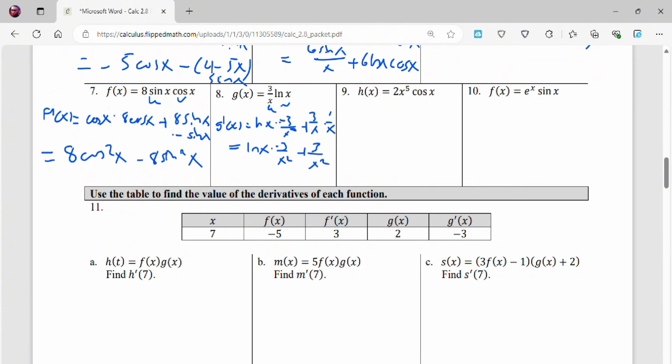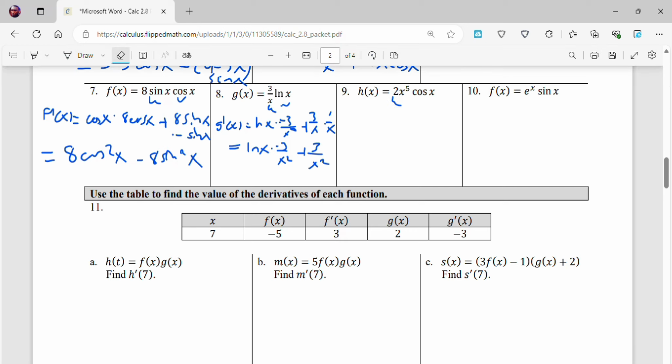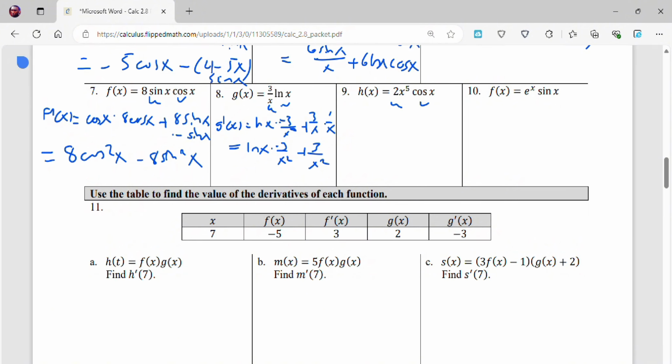Next we have h of x equals 2x to the 5th cosine x. So we have, again, our u. It's starting to look less like a u every time, it feels like. We have our u and our v. h prime of x equals v u prime.